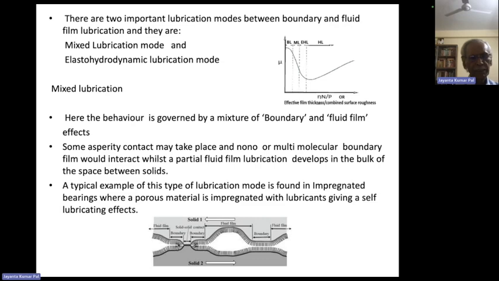As we said, in mixed lubrication, the behavior is governed by the mixture of boundary and fluid film effects.